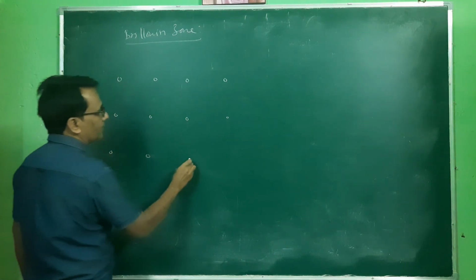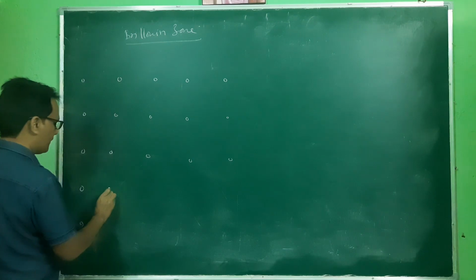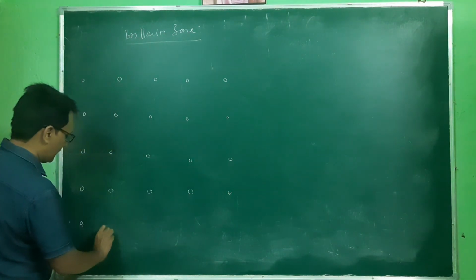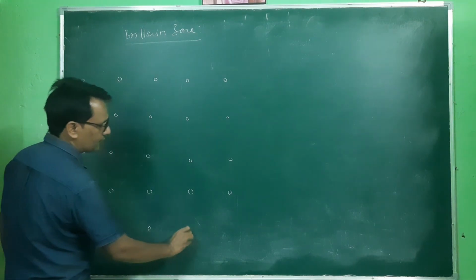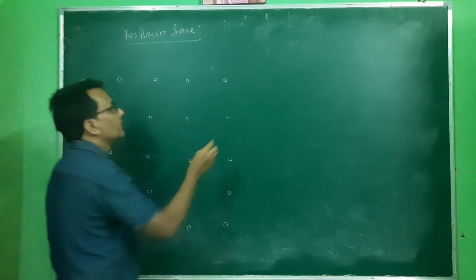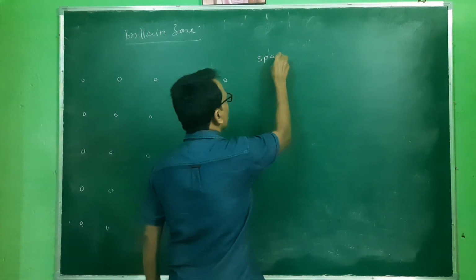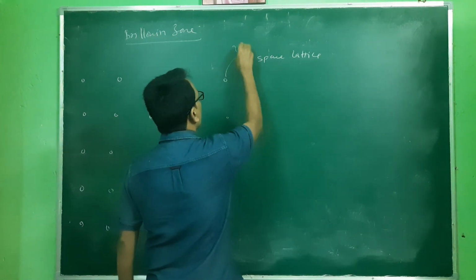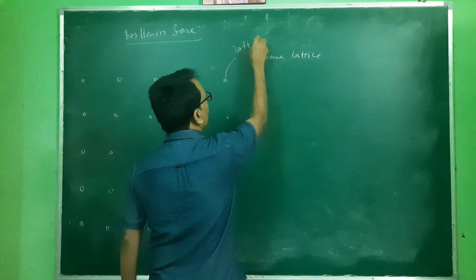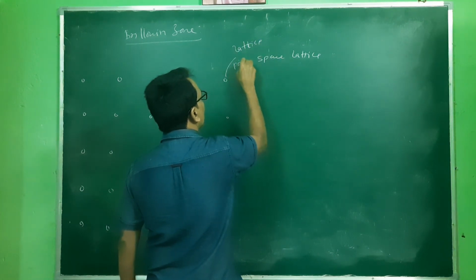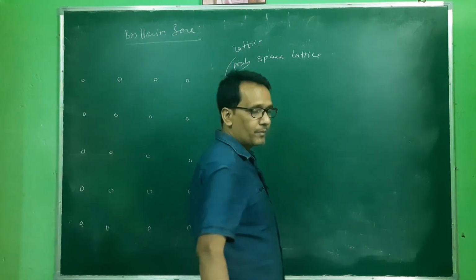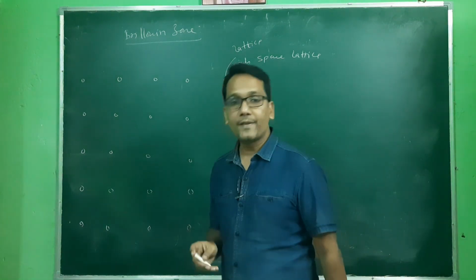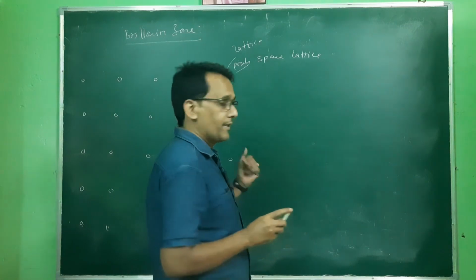We have some concepts related to space lattice: in a space lattice these points are known as lattice points, and this periodic arrangement of atoms is also known as the lattice. So this is the crystal lattice.